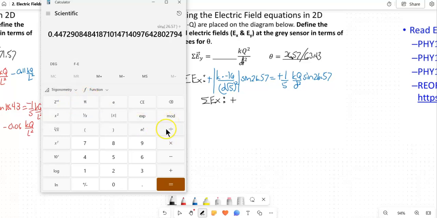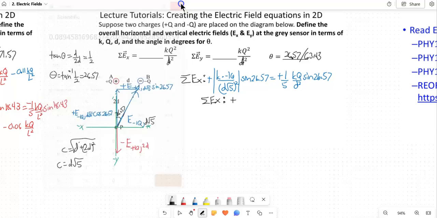We're going to divide that by 5 equals 0.089, so 0.09 kq over d squared. So positive 0.09. Okay.